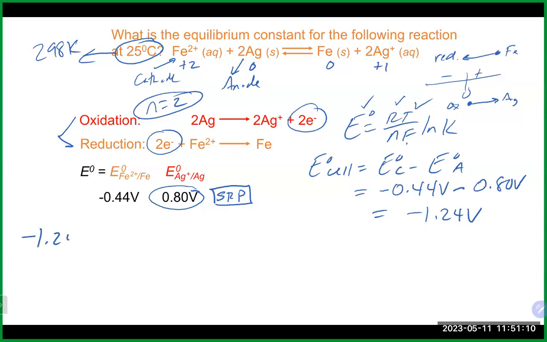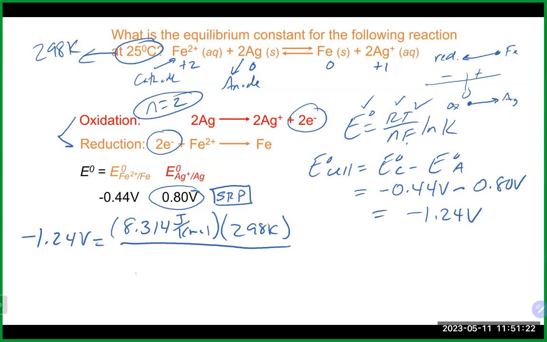Minus 1.24 volts would equal our gas constant, again, the 8.314 version of it, our temperature, which is 298, divided by N, which is 2 moles, and our F, which is 96,500, if we use the rounded number there, and natural log of K.